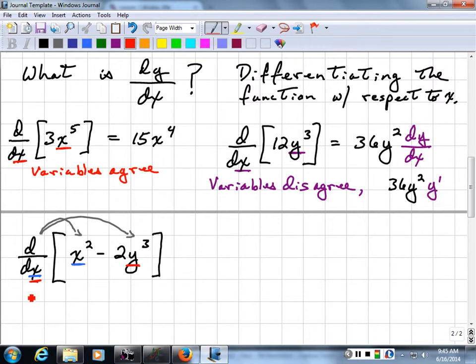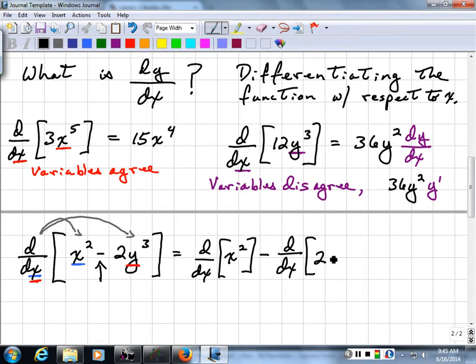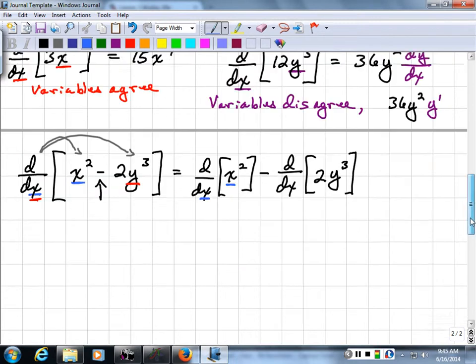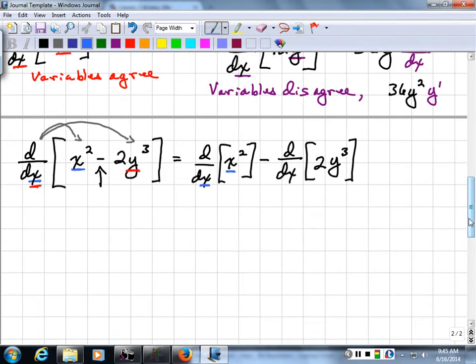So the first part means that I'm looking at d over dx of x squared. I've got a minus sign here. I'm subtracting d over dx of 2y cubed. As I said, these variables match, so I can easily take the derivative of x squared and get 2x.